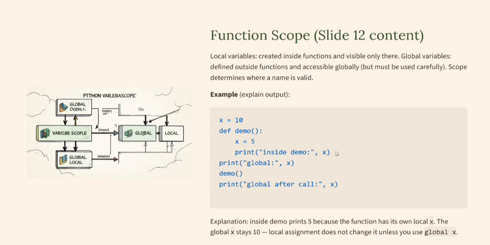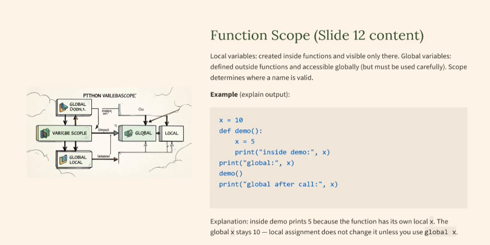Here the output will be 5, because Python finds the local variable first. After the function finishes, the local variable is removed. The global variable remains unchanged. So print global x here will show 10.